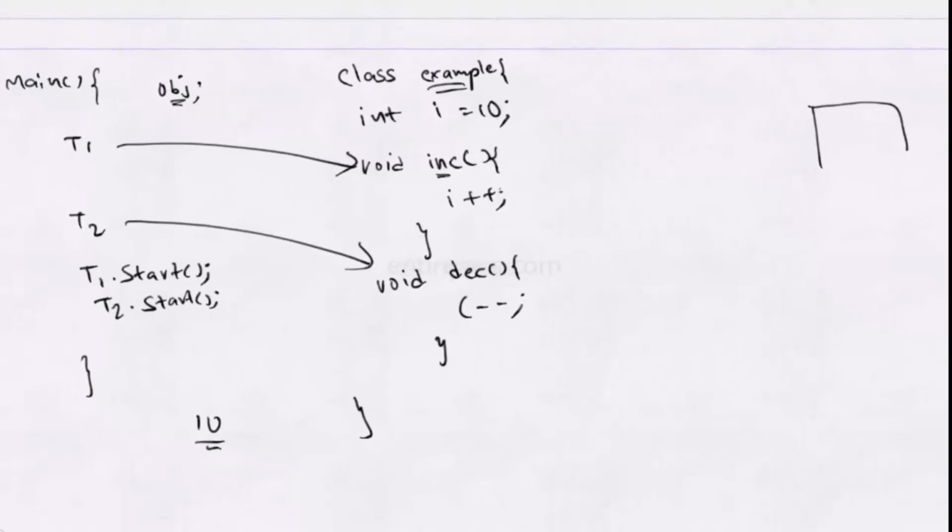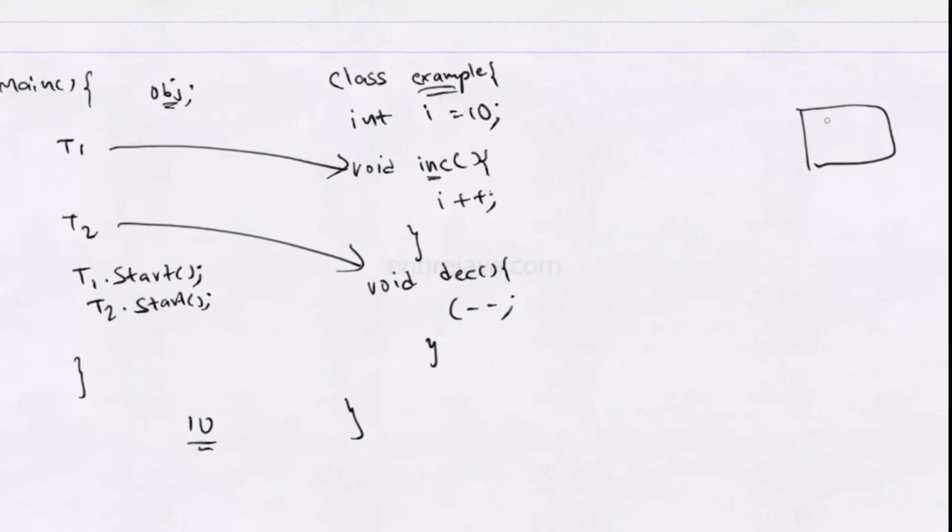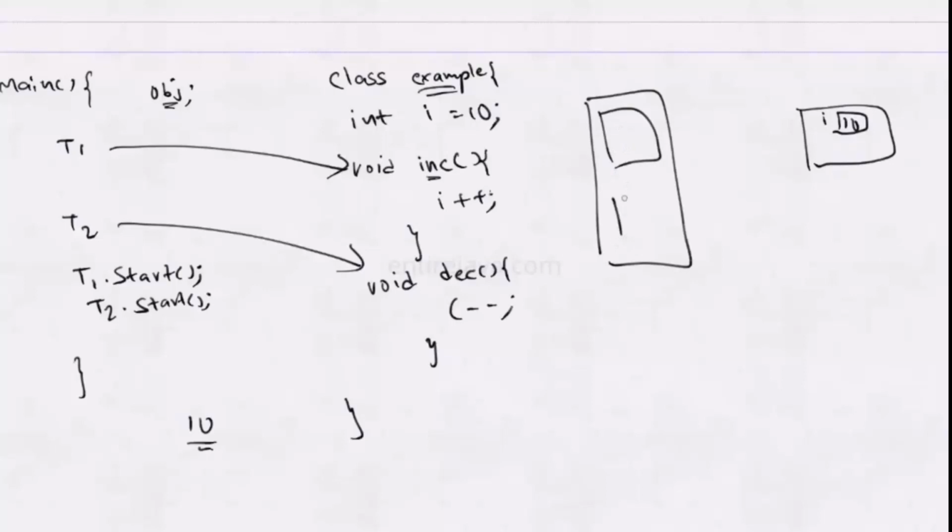In our memory section we have this variable I, which will be 10 as the initial value. Let's also assume that we have a dual core processor, and on each one of these cores, each one of these threads will run. So T1 goes in core 1 and T2 runs in core 2.